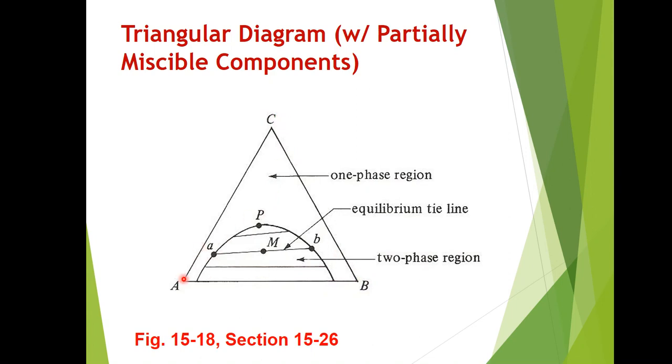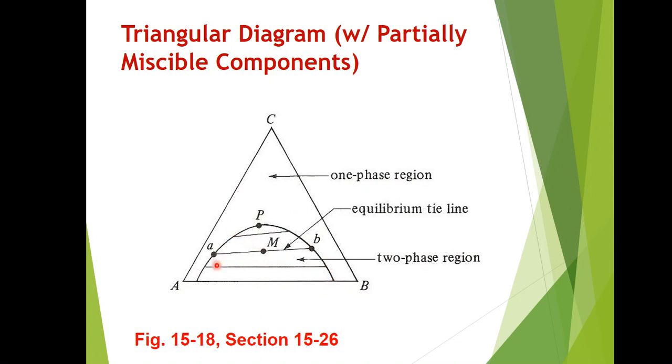In this case, you have a one phase region here. It's so easy to tell, actually. You have your one phase region here and your two phase region here. In here you have one homogeneous phase. As such, it's called one phase region.